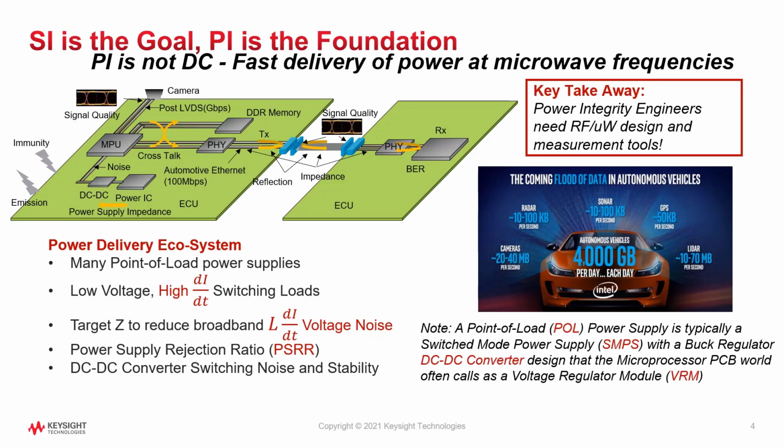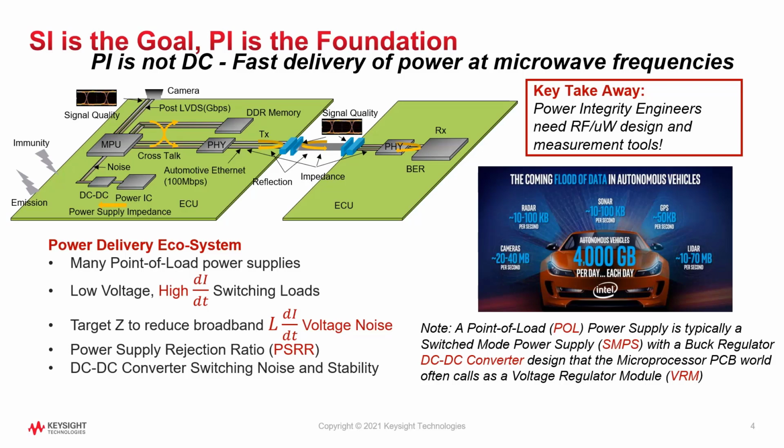Signal integrity is the goal, but power integrity is the foundation that links all the margin-eating noise sources together. Here is an example of the complexity of a power delivery network for an autonomous vehicle. Data collection from cameras, radar, sonar, GPS, LiDAR, etc. can easily reach 4 terabytes of data per day that cannot be processed remotely and requires localized processors, DDR memory, SerDes, transmitter and receiver devices, etc., each with their own point-of-load power supplies.